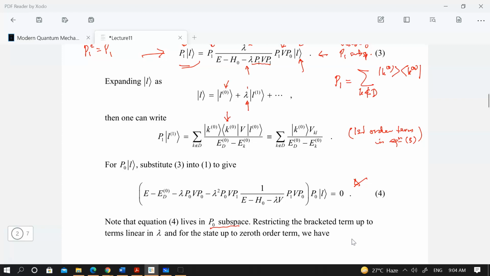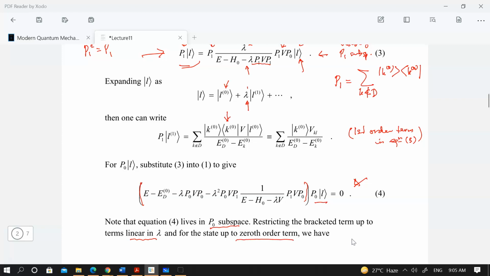So now we can start to do some form of perturbation theory. So over here you can look for terms linear in lambda, for your bracket terms over here, and then for your state over here, you only take the zeroth order term.